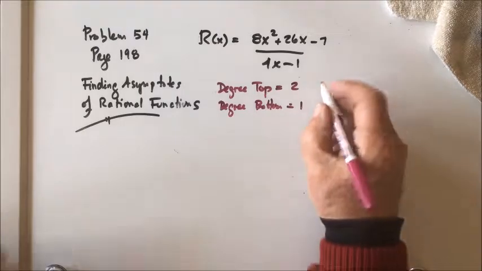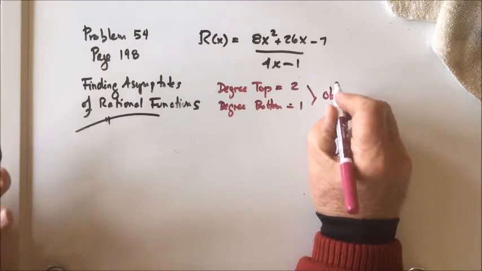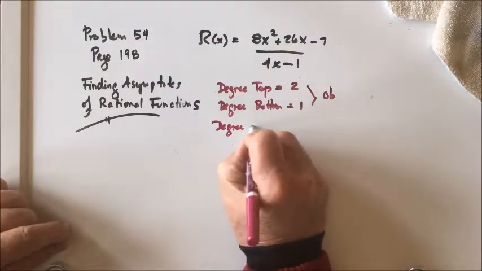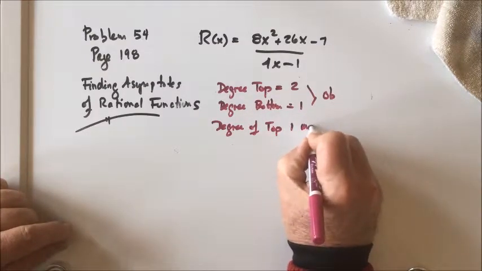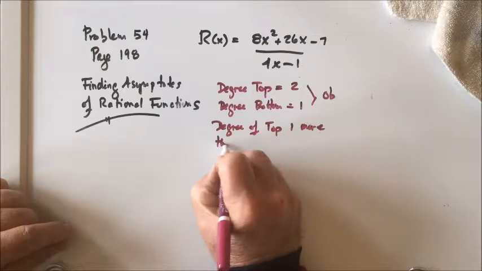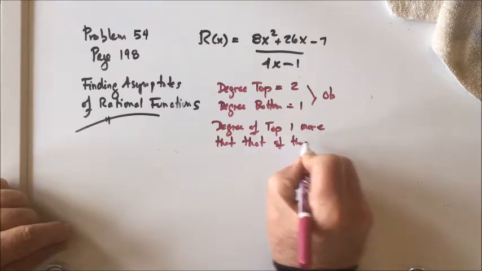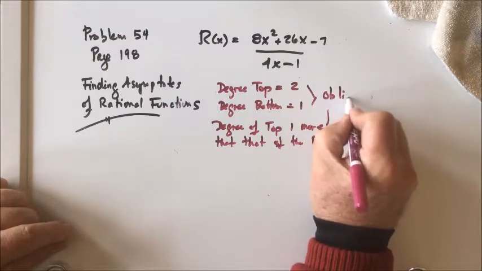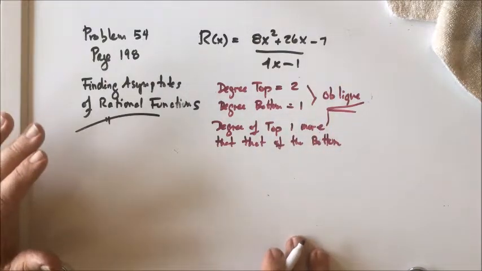So this is a sure sign: when the degree of the top is 1 more than that of the bottom, what results is an oblique asymptote. And it's quite simple to find that asymptote.